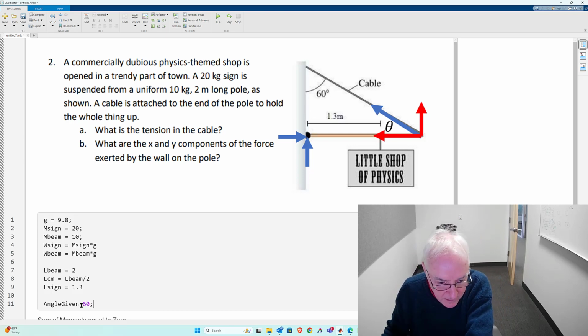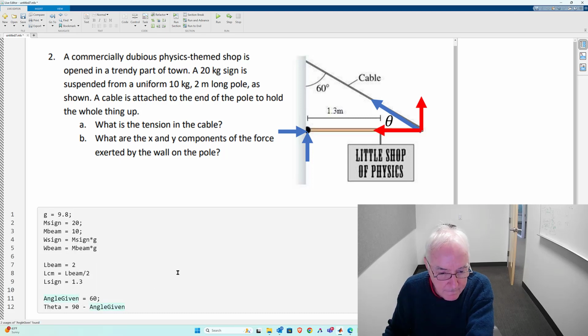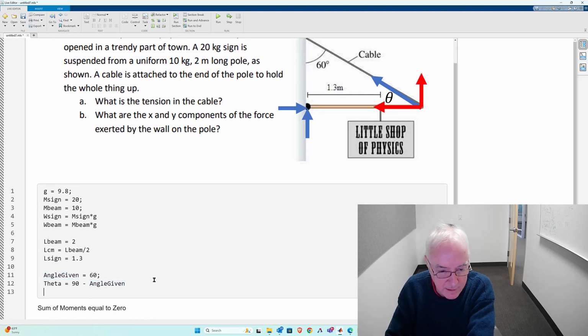Let's put the equal sign in there, and let's solve for theta. Theta equals 90 minus angle given. And let's get that in radians as well. I'm going to copy it basically. Theta rad is equal to theta times pi divided by 180.